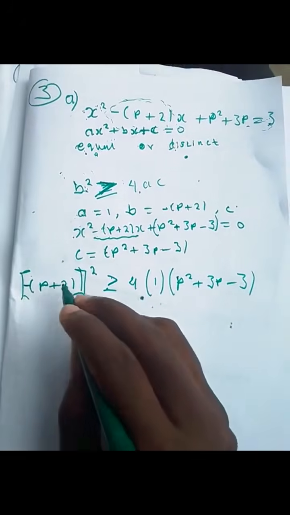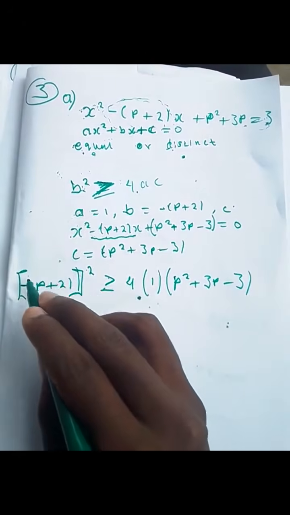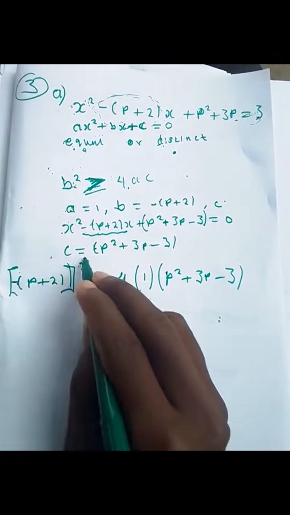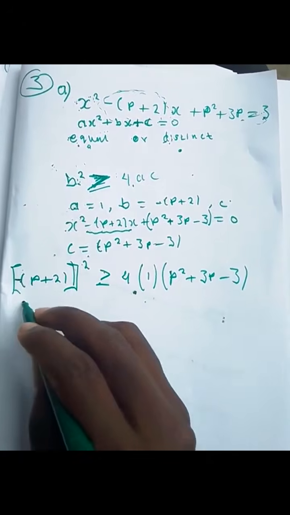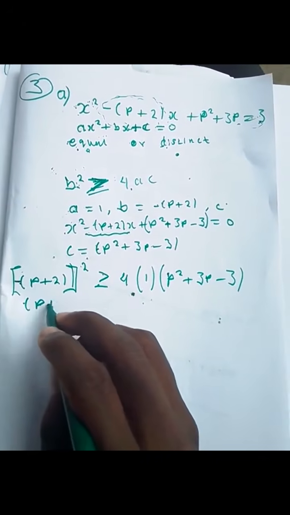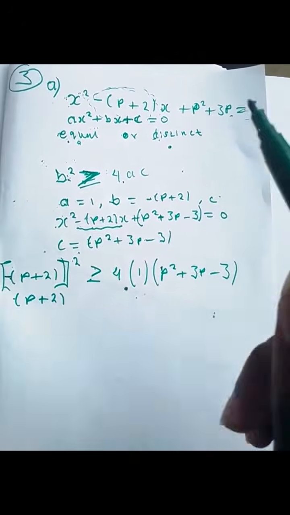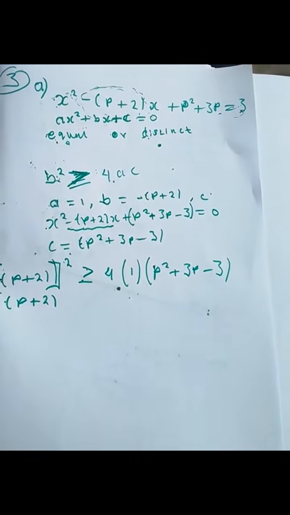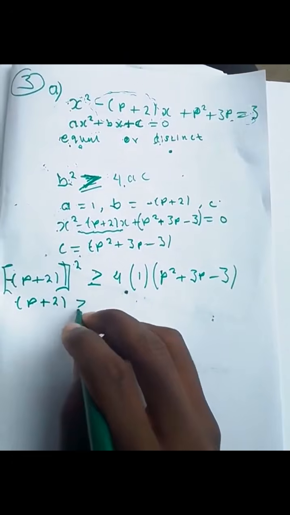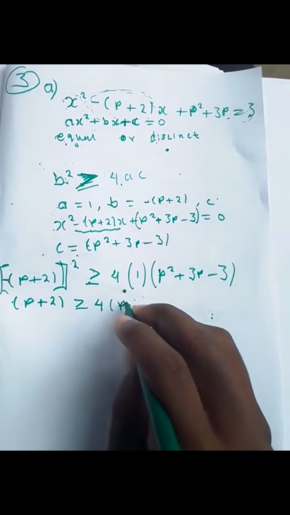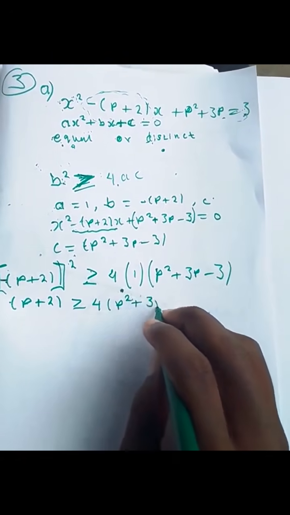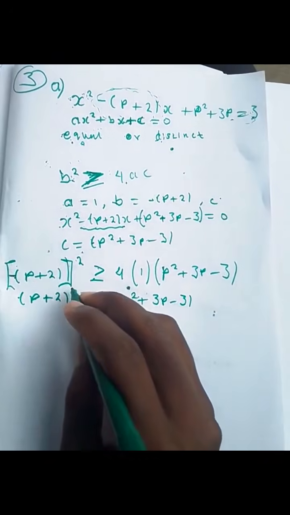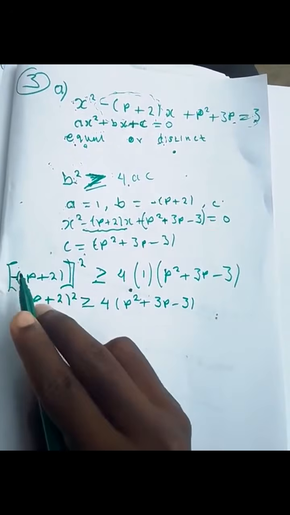So we are raising this to a power of 2. Since it's a negative, these two will cancel this negative, and we are going to remain with p plus 2. Remember, whenever you raise anything to an even exponent or to a power of 2, the negative always gets cancelled. Okay, so we have 4 times p power 2 plus 3p minus 3. And don't forget power 2. Power 2 has only cancelled this negative, but it's still here.